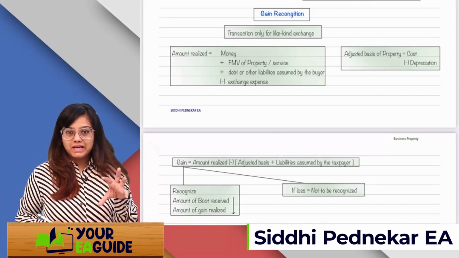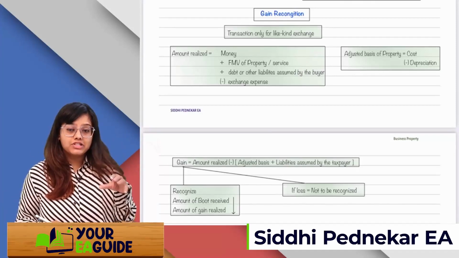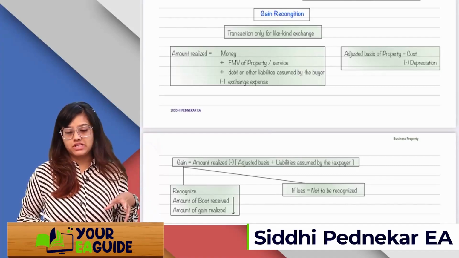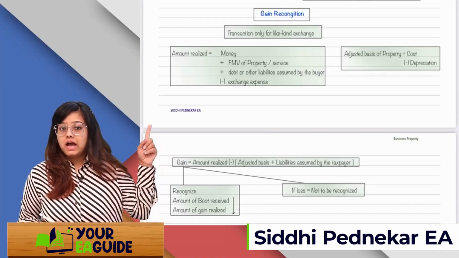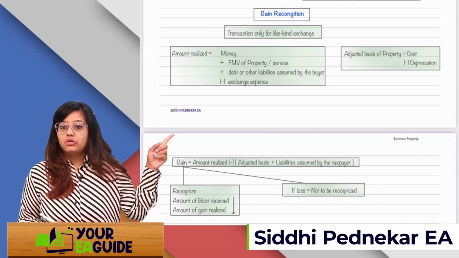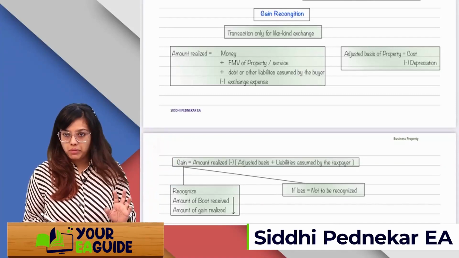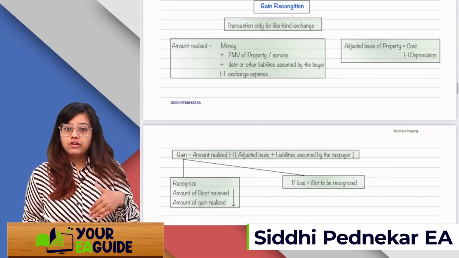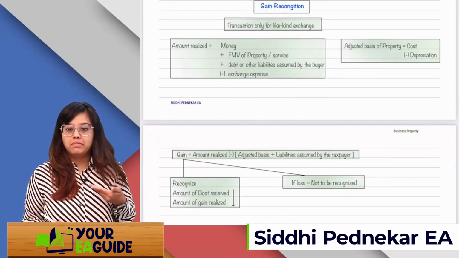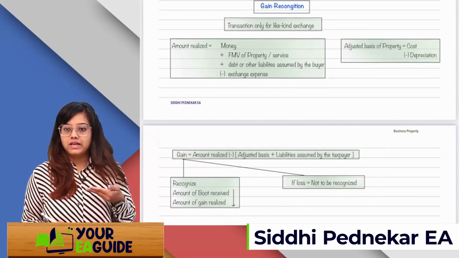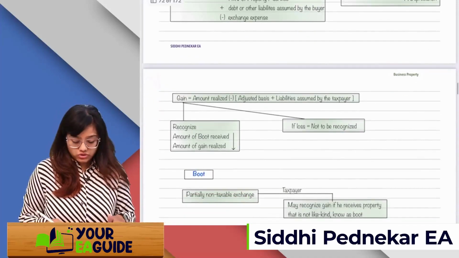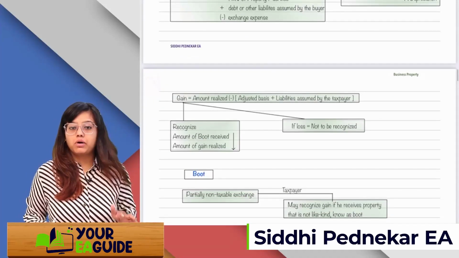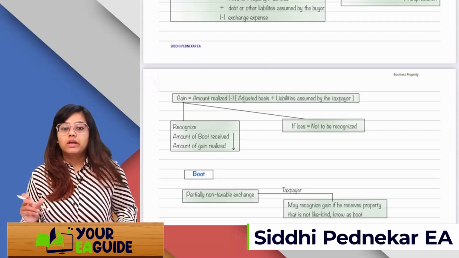So money plus FMV plus debt which is getting transferred, minus exchange expense. That is amount realized. Out of this amount realized, you will reduce the adjusted basis of the property, and also any mortgage assumed while taking the property. These two things will be reduced from your amount realized. That will be your gain amount.